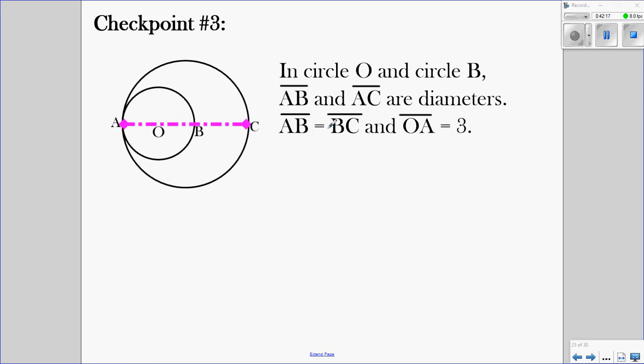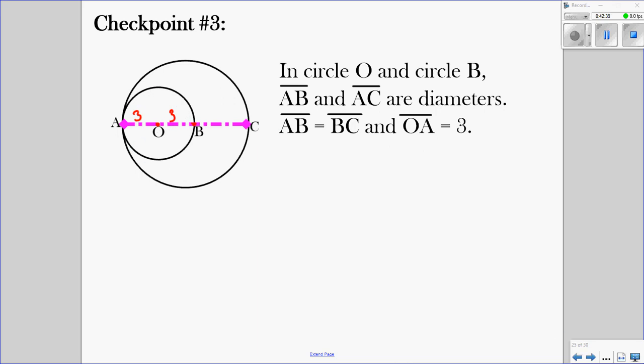They say that AB equals BC. So this portion equals this portion. And then they say that OA is equal to 3. So from here to here is 3. So this is the half of the circle, then that means the other part is 3. So together, it's 6.